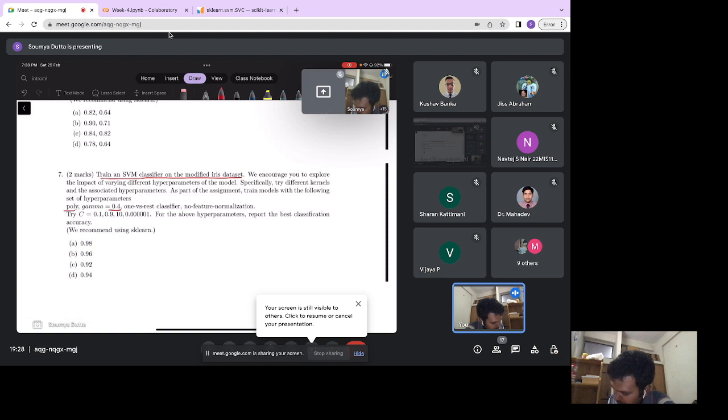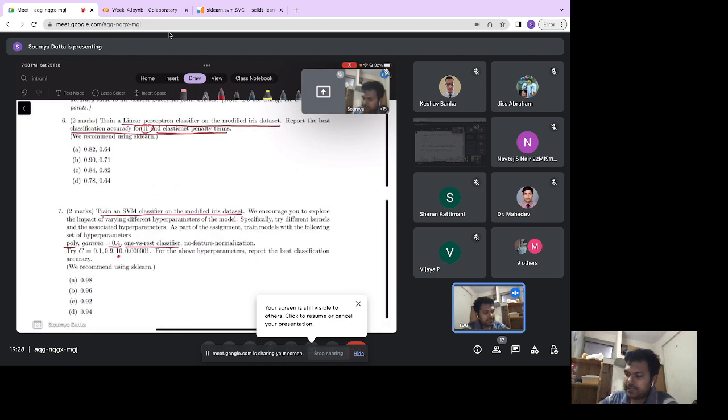The kernel is poly, one versus rest classifier. No feature normalization needs to be done, and try C equal to... I'll stick with C equal to 10. For the above hyperparameters, report the best classification accuracy. So these are the two problems on the same dataset that have been asked.